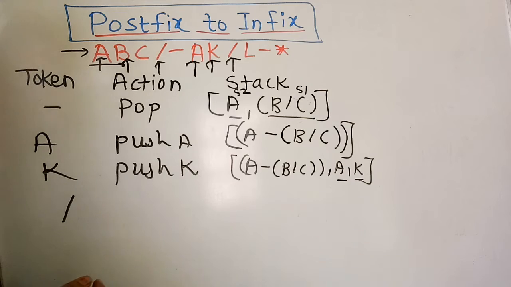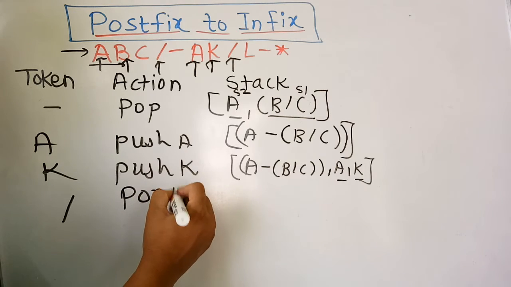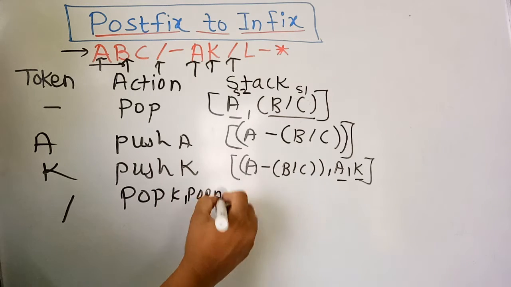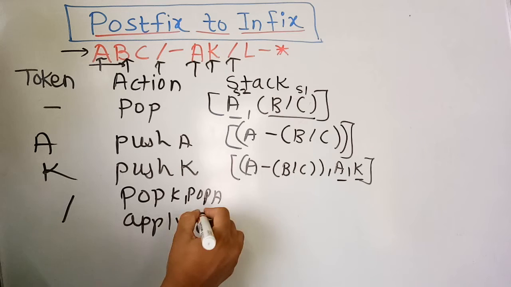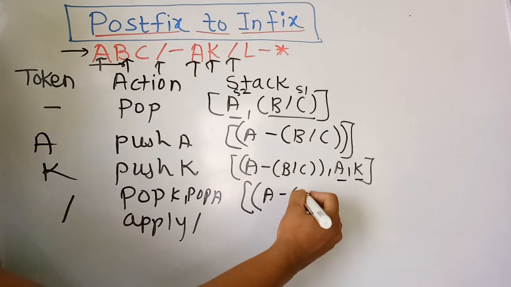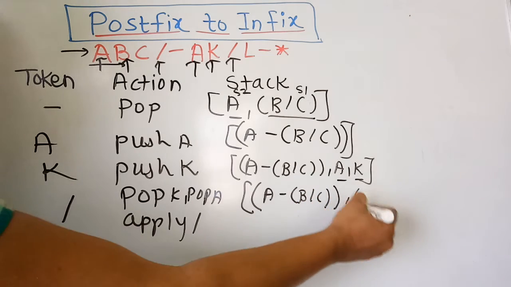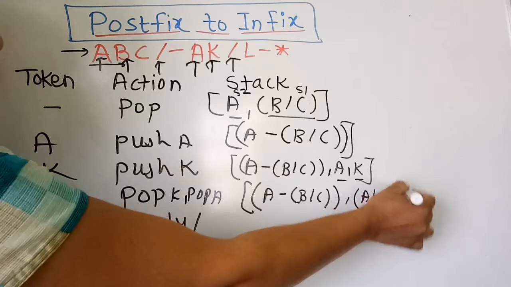Pop the two operands and apply the operator. So pop K, pop A, then apply divide. After conversion, it is A minus B divided by C, comma A divided by K.